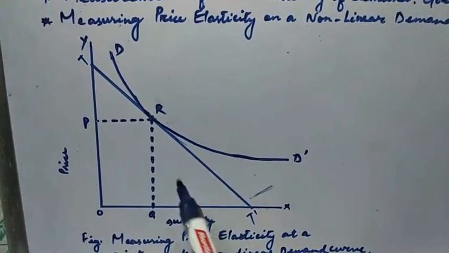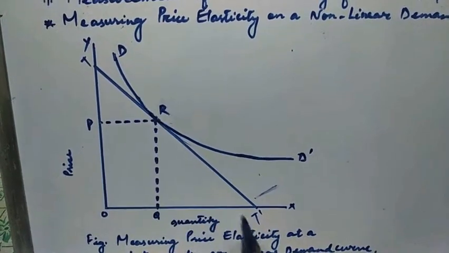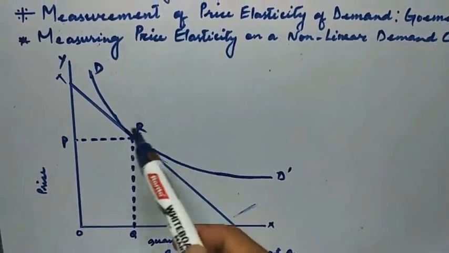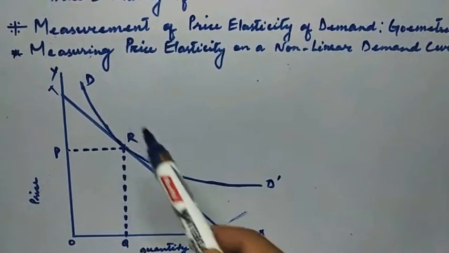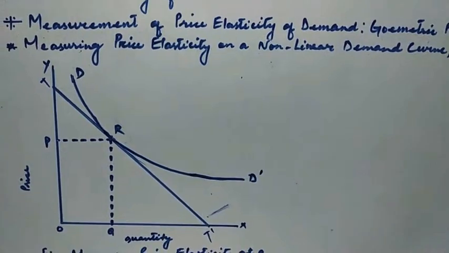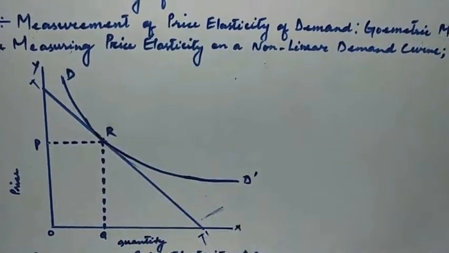Here the lower segment is RT' and the upper segment is RT. So we have to find this lower segment value and upper segment value, and we find the price elasticity for this non-linear demand curve.